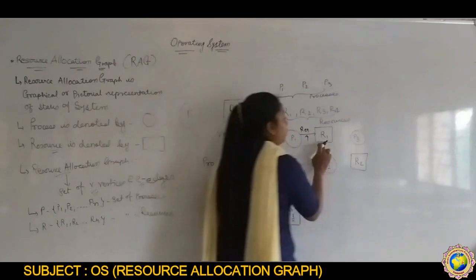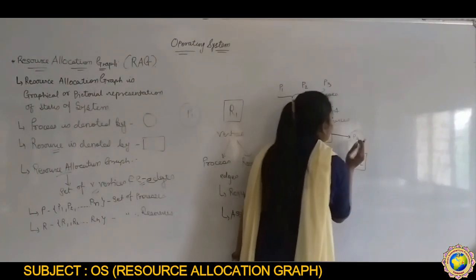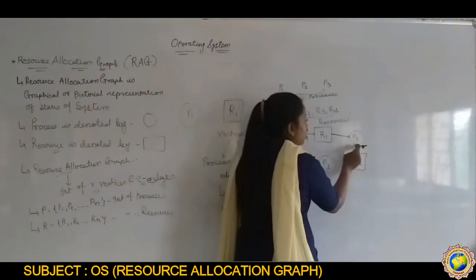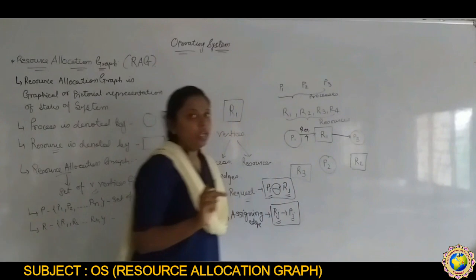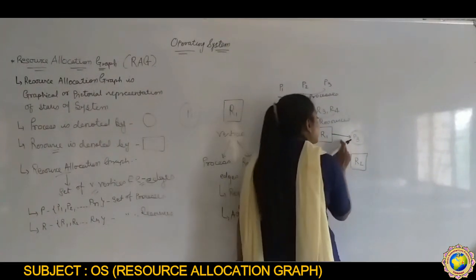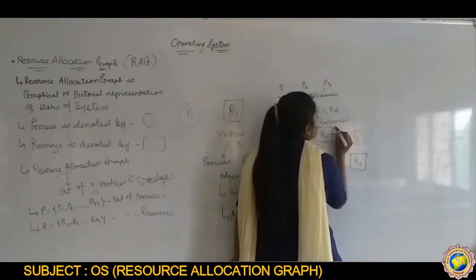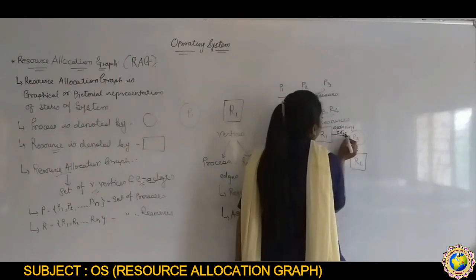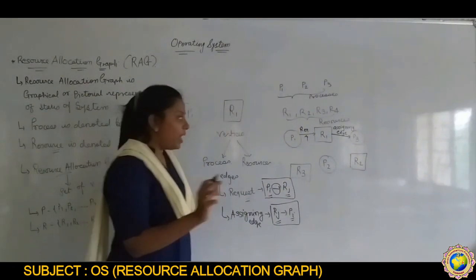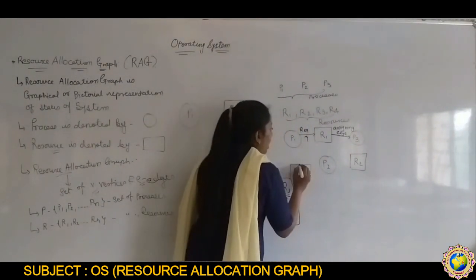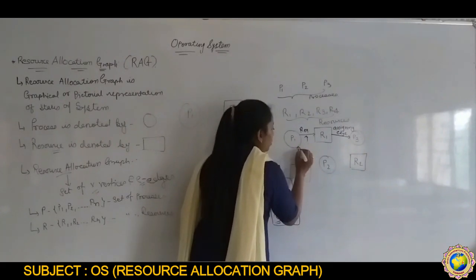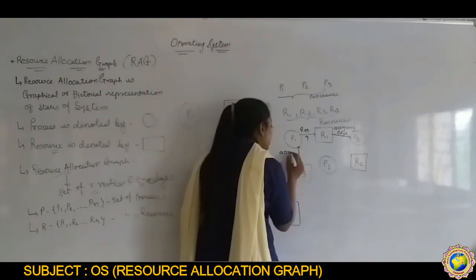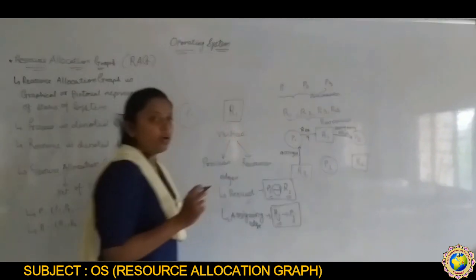But R1 is already allocated to P3, so this edge is called an assigning edge. Same here, R3 resource is allocated to P1, so again that is called an assign edge.